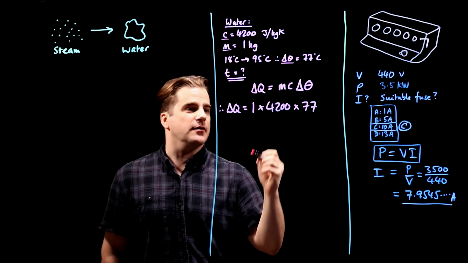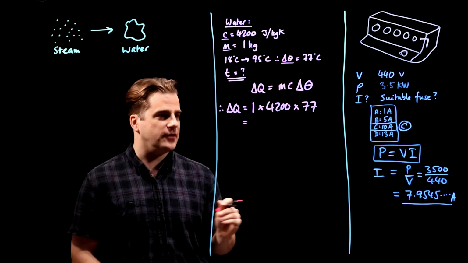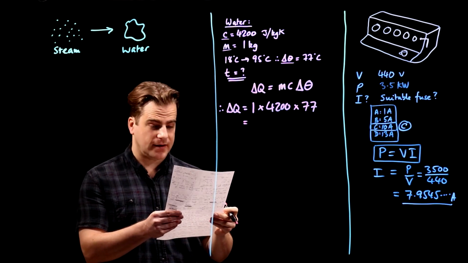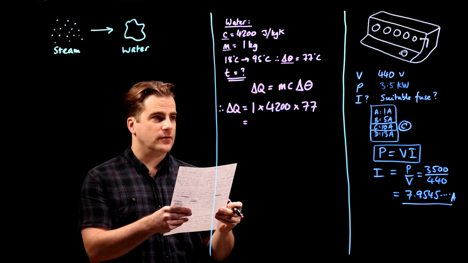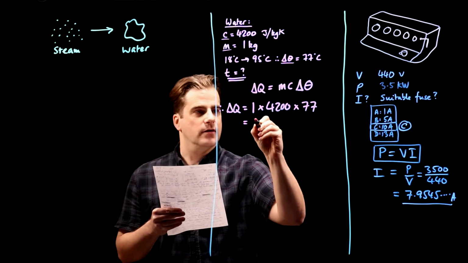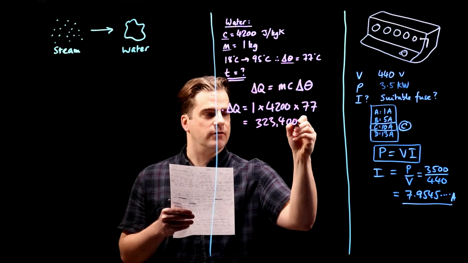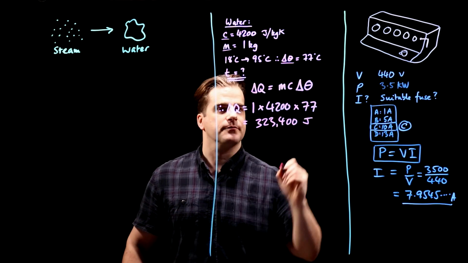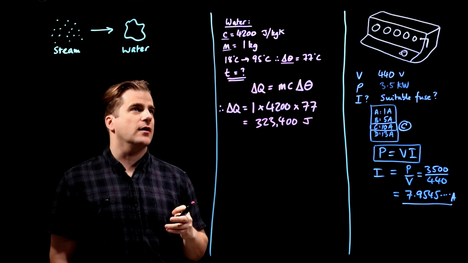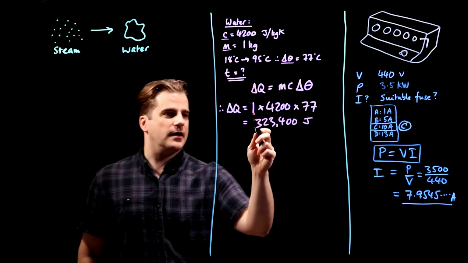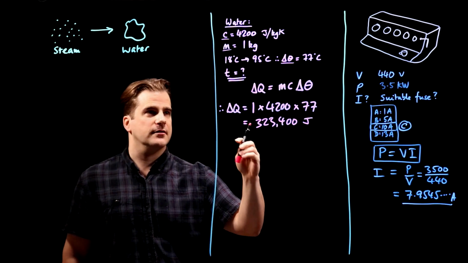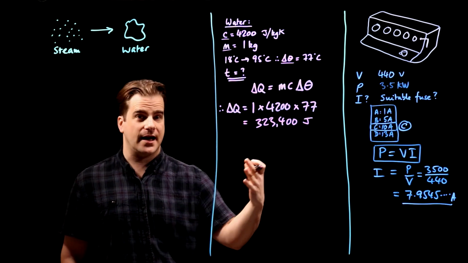Okay, so let's work it out. Delta Q is, stick that in the calculator, and you get 323,400 joules. Okay, great. So we've worked out the energy which the water has gained.